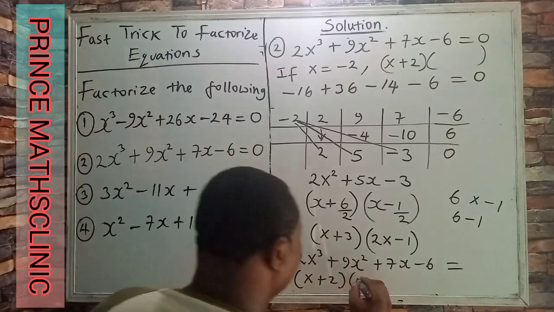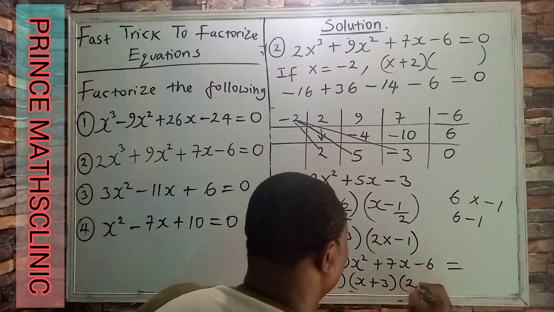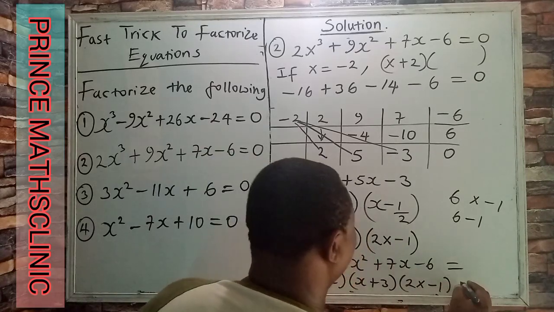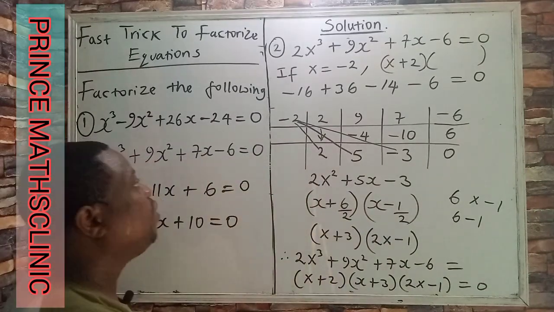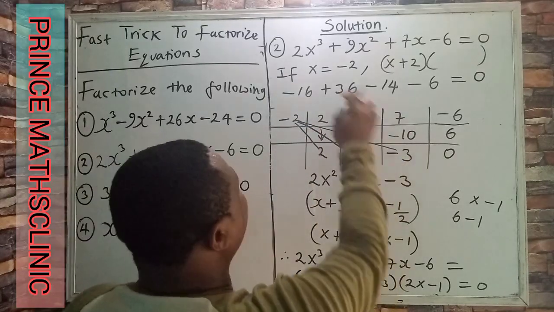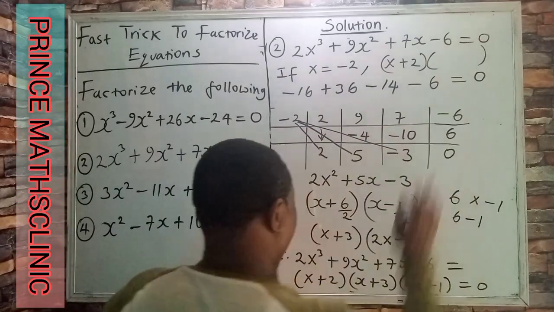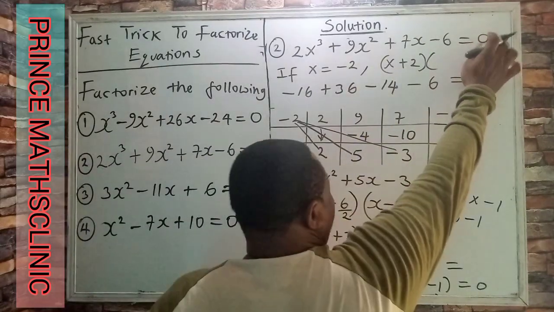Then the next factor is x plus 3. Then the other one is 2x minus 1, all equal to 0. Now, that means that if I put the value of x to be minus 2, like we did here, you will get 0. If you put x with minus 3 in this equation, you will get 0.